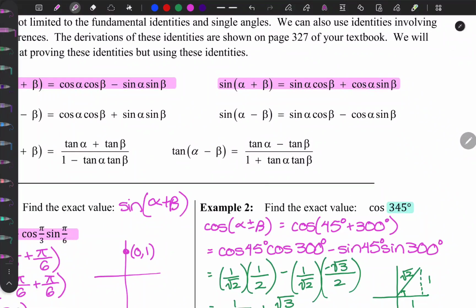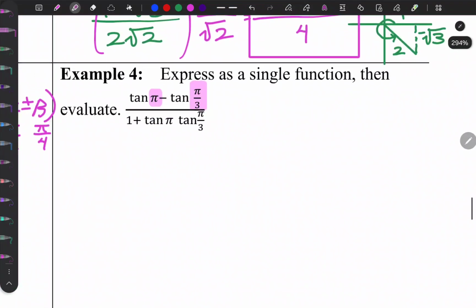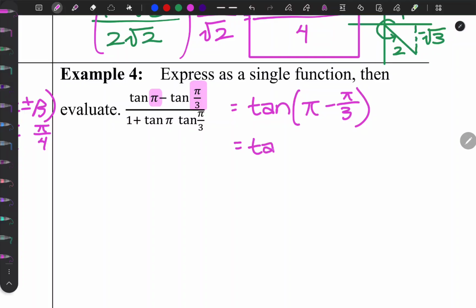So if you can match it, that makes it a little bit easier to see it's going to be tan alpha minus beta, and we can rewrite as a single function right away. So this will be tan, our alpha is pi, minus our beta is pi over 3. That's our single function, or we can also combine the angle and say tan 2 pi over 3.